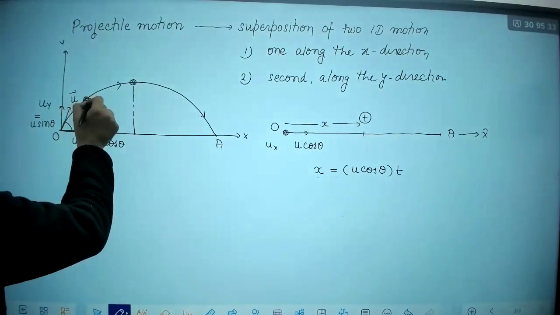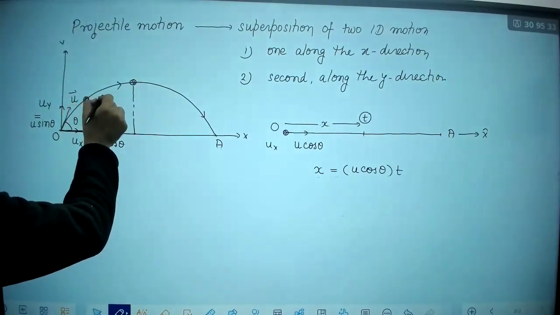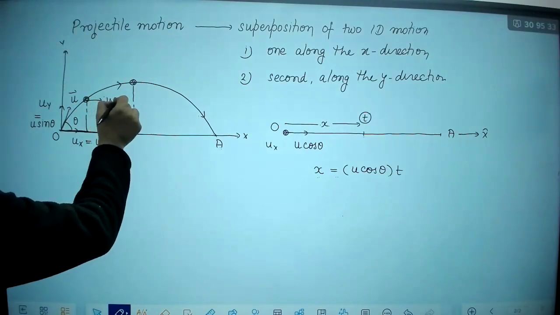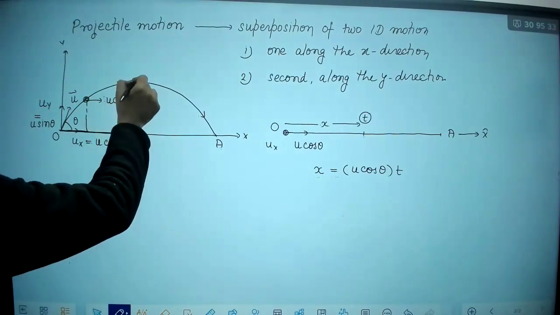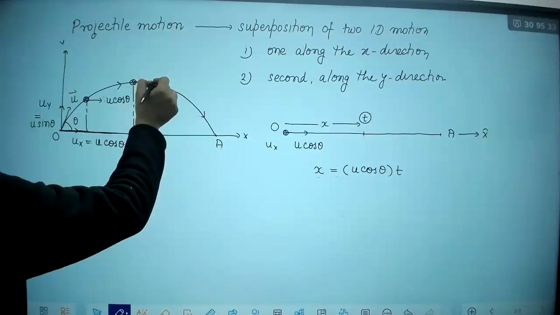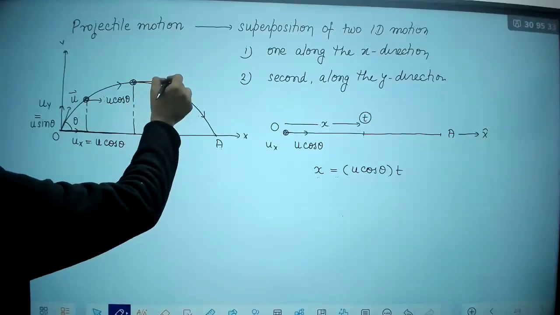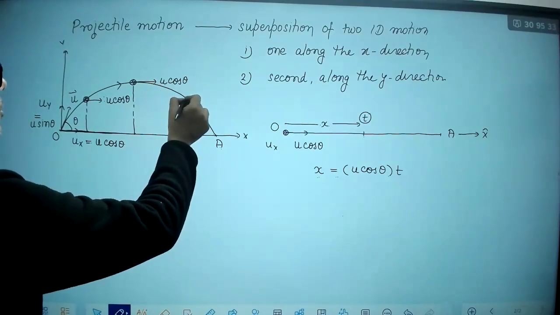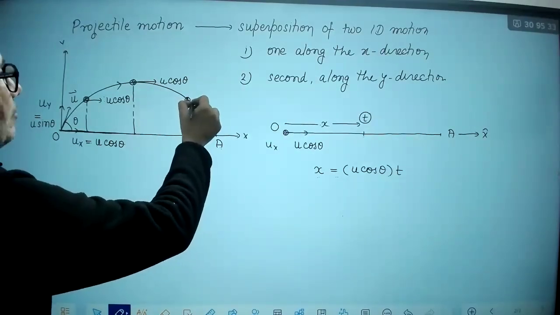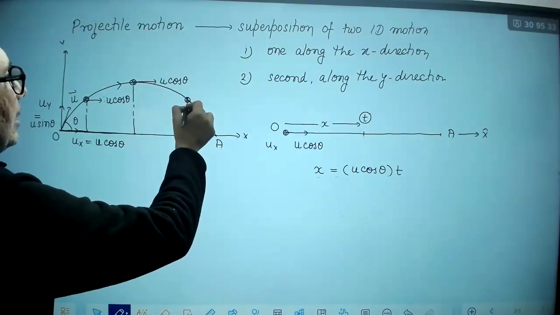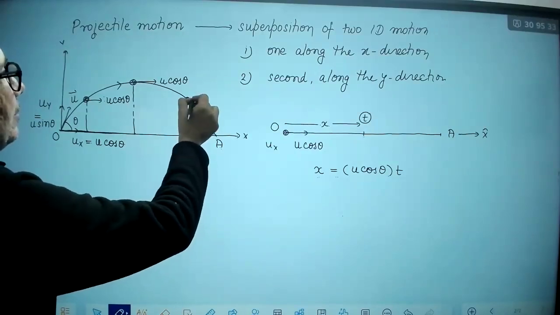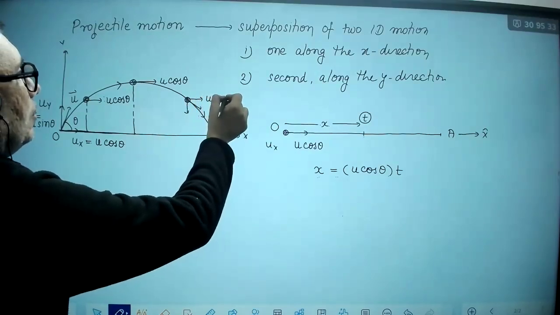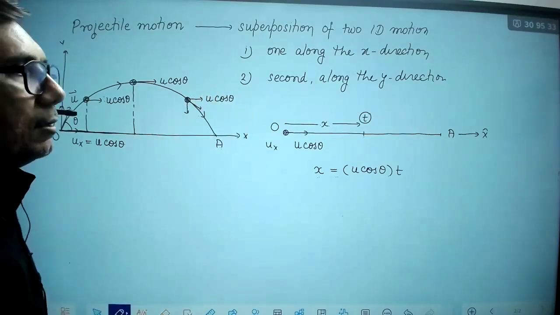Anywhere you consider this particle, this will be Vx, this will be u cos theta. Even at the highest point, the horizontal component of velocity will be u cos theta. At this point, there will be a vertical component and a horizontal component, and the horizontal component will be u cos theta.